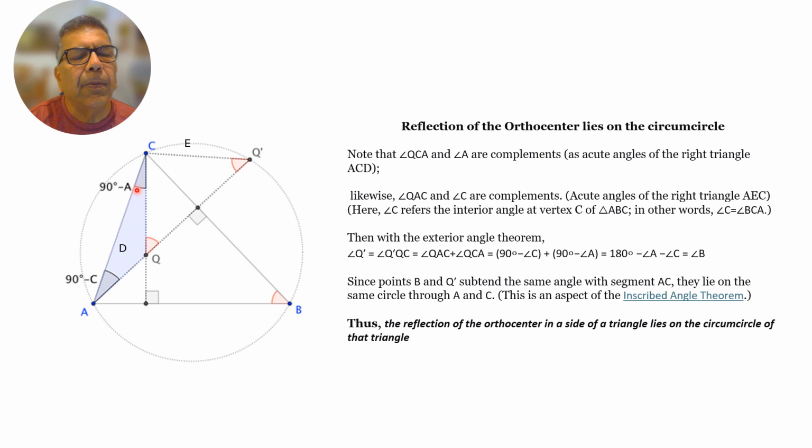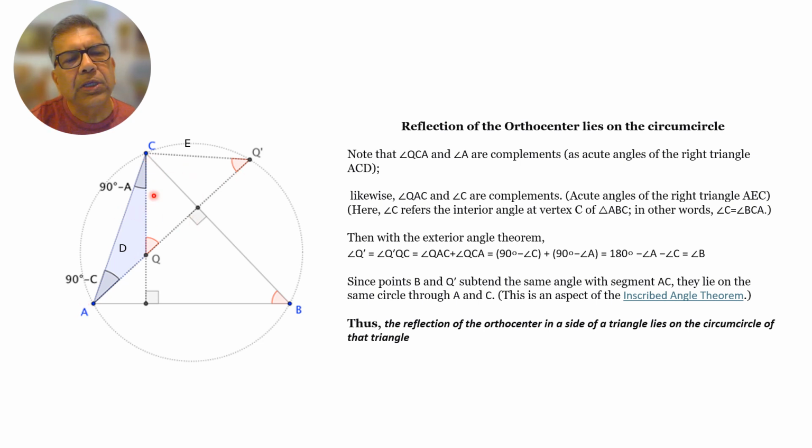Because these are complementary angles, this angle is 90 minus A. Similarly, this angle is 90 minus C, because it is complement to this right angle triangle.